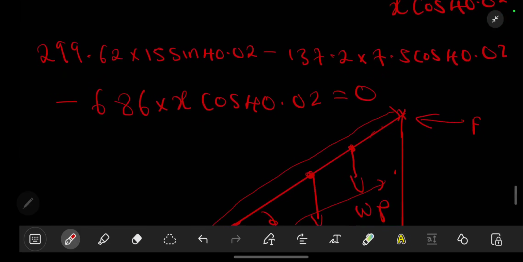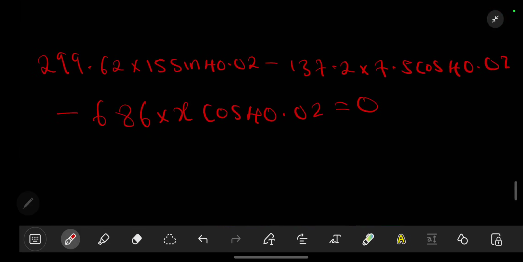Let's just add them up. So let's calculate now. So we want this x. We have 299.62 times 15 sine of 40.02. This is going to give us a value of 2890.14.